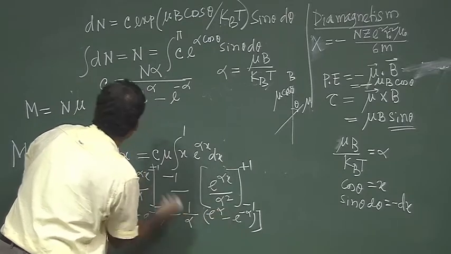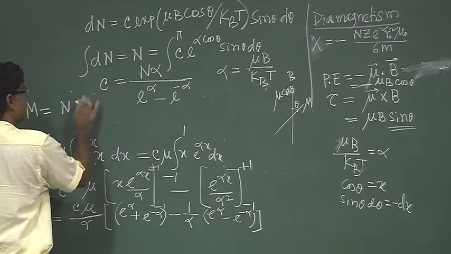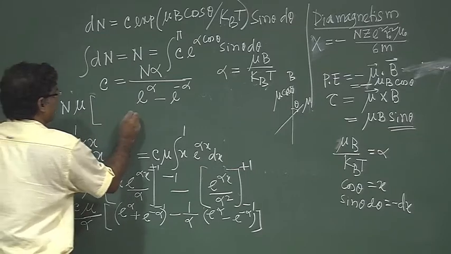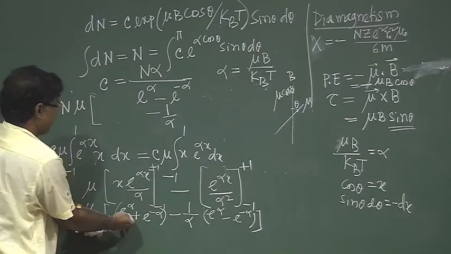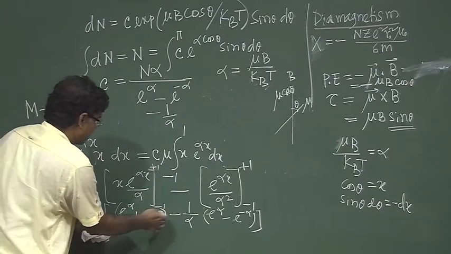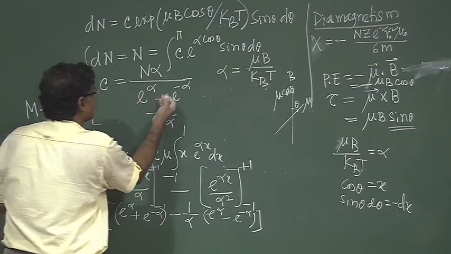So, what I will get is N mu times minus 1 by alpha, this last term, and here I will get e to the power alpha plus e to the power minus alpha divided by e to the power alpha minus e to the power minus alpha.